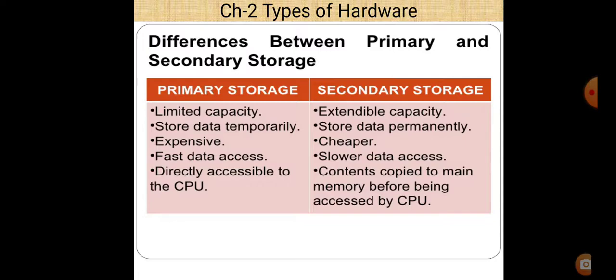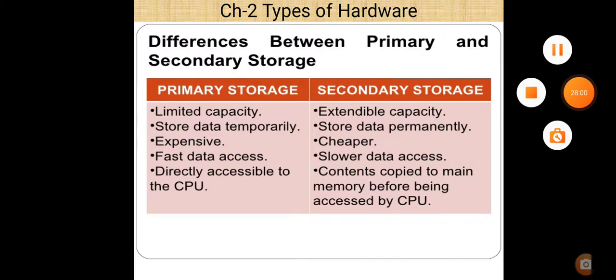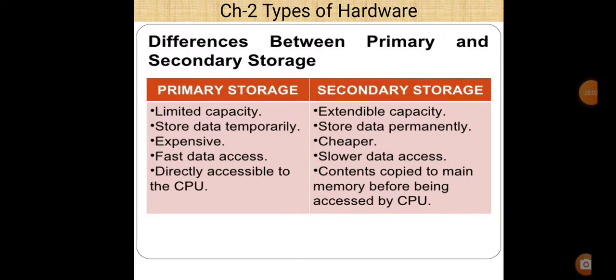So that is the last point, directly accessible to the CPU when we talk about primary storage. And in secondary storage, content is copied to the main memory, meaning RAM, before being accessed by the CPU.